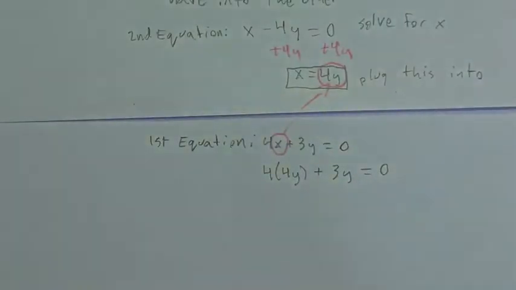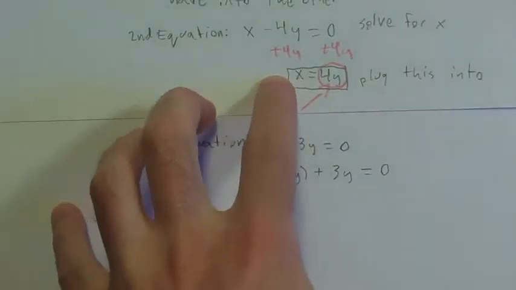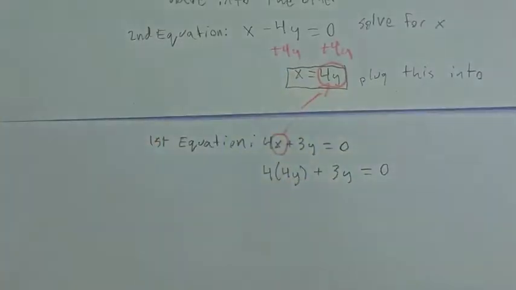Okay? So that's what I've done. I've taken this x expression and then plugged it in to the other equation. So that's how this works. We typically just solve one of the equations, whichever one you want, really. It's not going to matter. The work might be a little more complicated in each step.